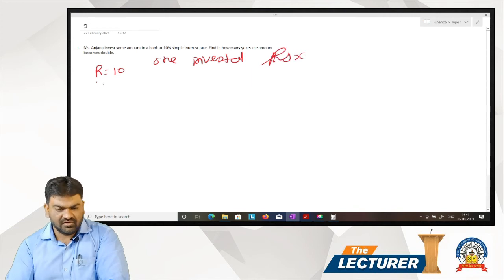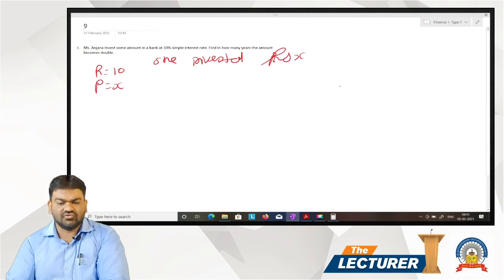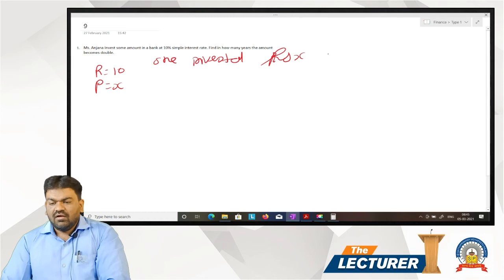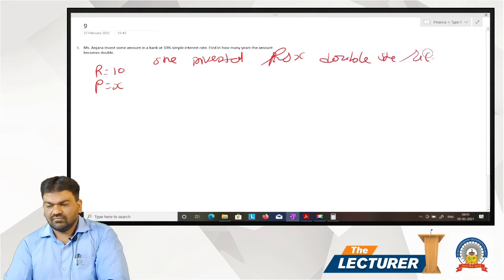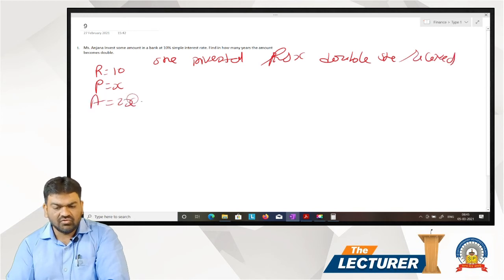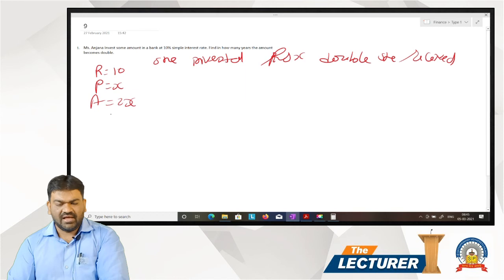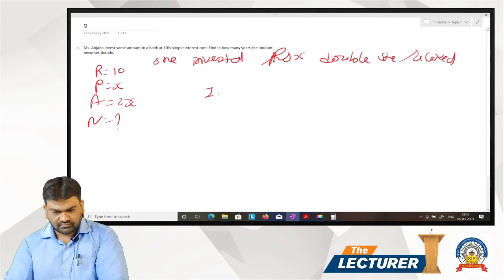She invested rupees X. So P is equal to X. She received double. So A is equal to 2x. Double of x, that is 2x. In how many years? So N we have to find out.